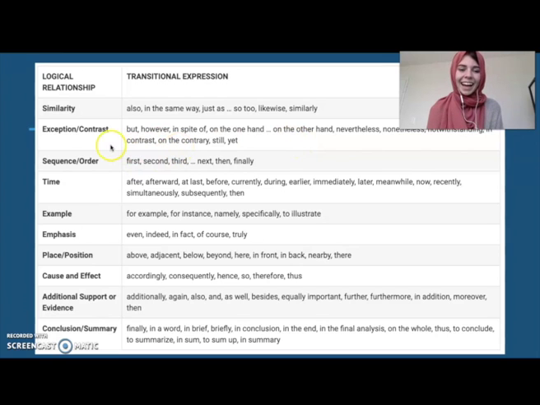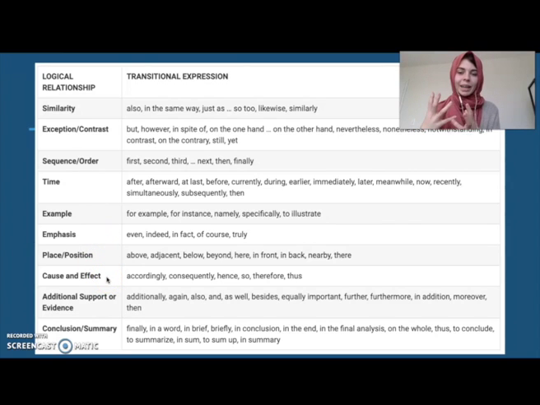Okay, so as you can see, these are probably our most simple ones, but if we go down here, we can see that there are a lot of other examples, such as time. If you're walking through maybe a story of someone for a narrative essay that you're doing, we also have example, maybe if you're trying to highlight one important point that you really want the reader to understand, cause and effect.